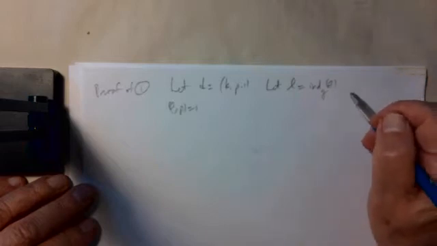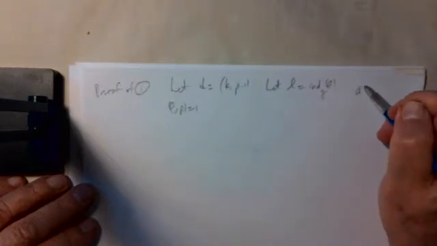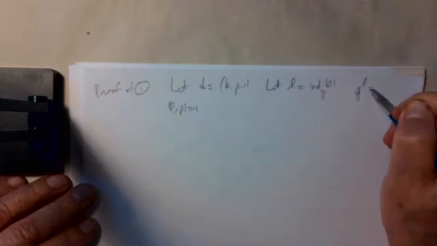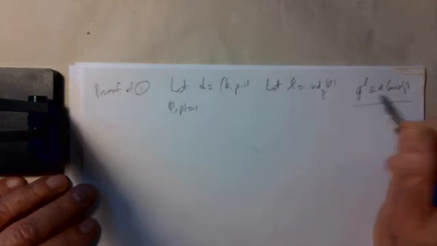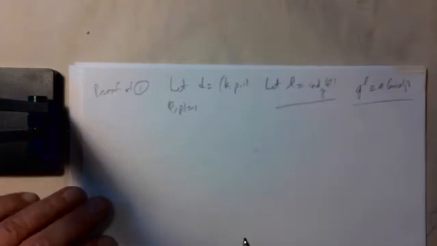This means that g to the L is congruent to a mod p. That's the definition of the index.